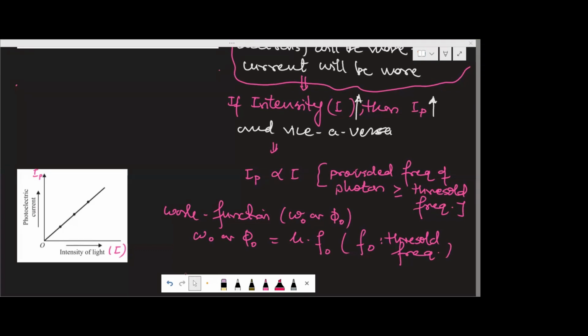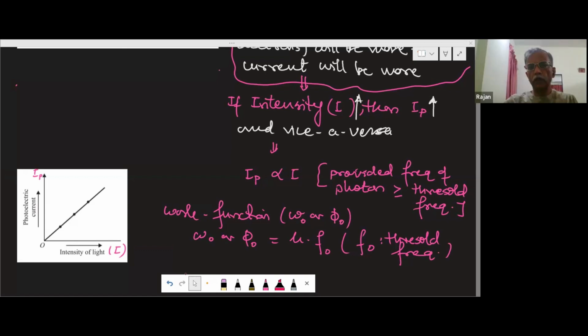So we got it, work function is your h f0, correct? Why h f0? Because the minimum energy required to liberate electrons is h f0, pertaining to the threshold frequency.